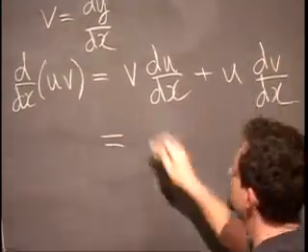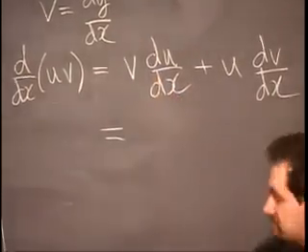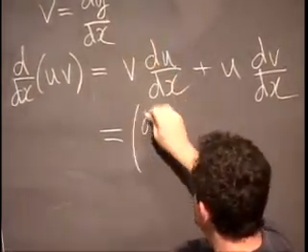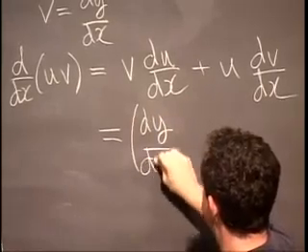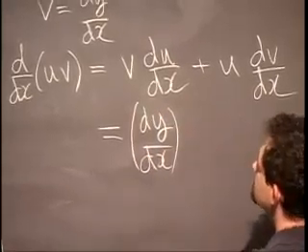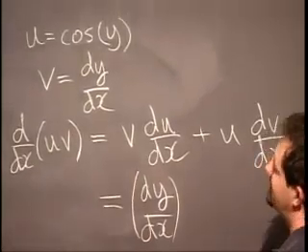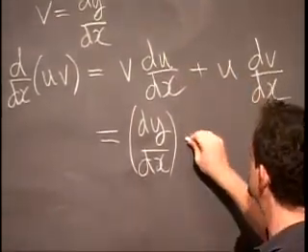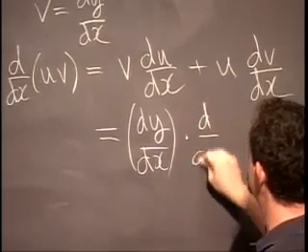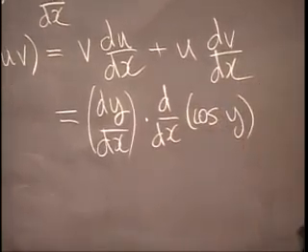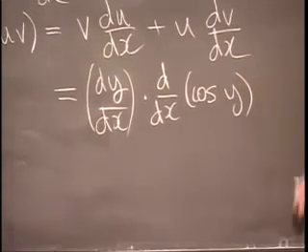Well, v, if you look, just got to really keep these things clear. V is dy dx. What is du dx? Well, unfortunately, u is already cosine y. So we're going to have another implicit differentiation, which we'll do in a second.